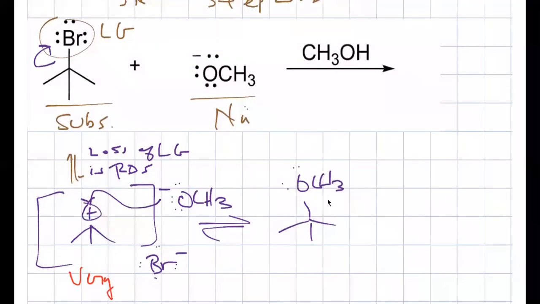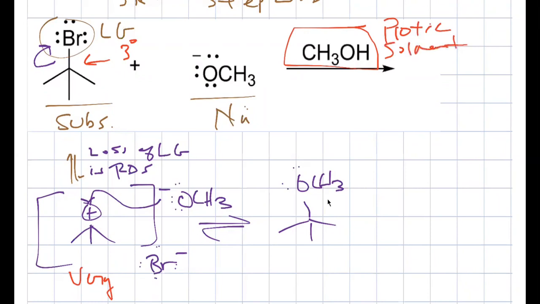So with the SN1, notice again, it's happening at a tertiary carbon, and I'm doing this in a protic solvent. All alcohols are protic solvents.